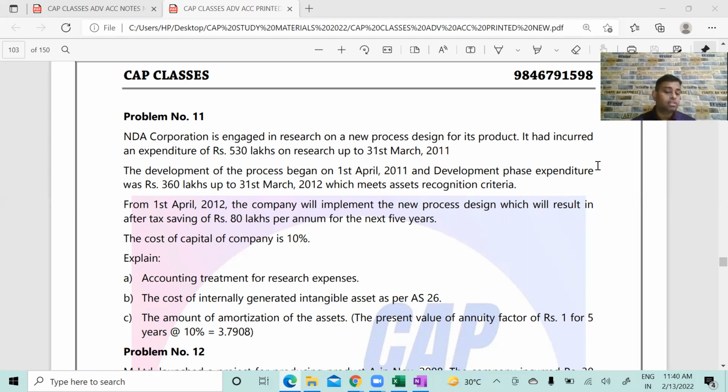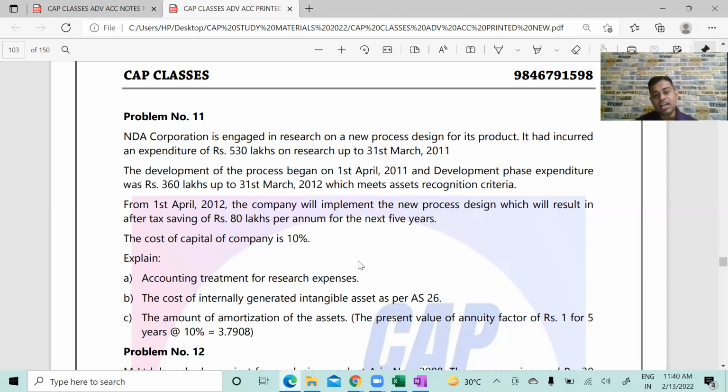Sarah, how did you do that? Tax saving 80 lakhs into 5 is 400 lakhs, then divided by 3.796.